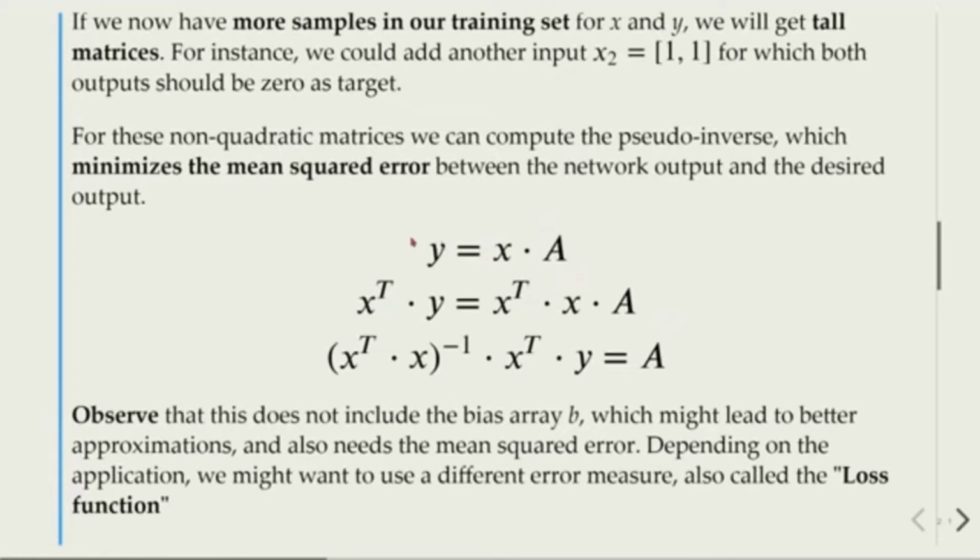It's given here in these equations. Observe that this does not include the bias array B, which might lead to better approximation, and it also needs the mean squared error. Depending on the application, we might want to use a different error measure, also called loss function.